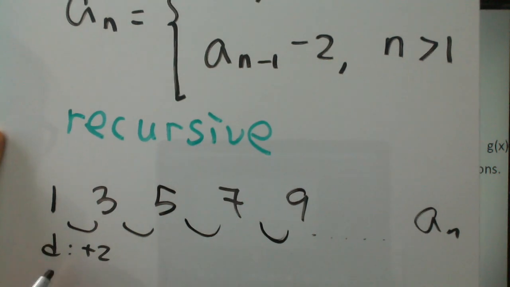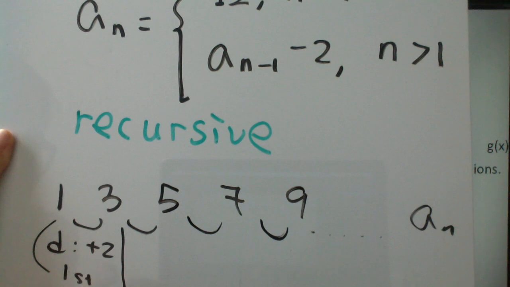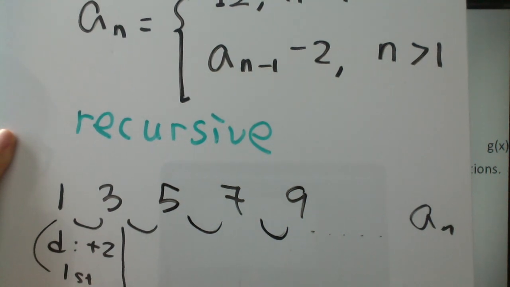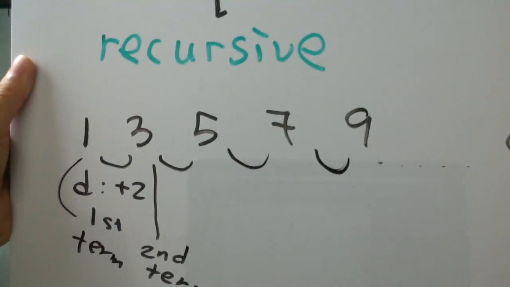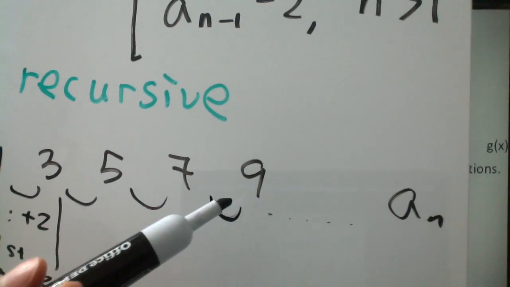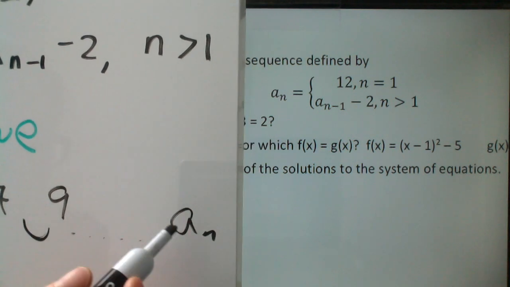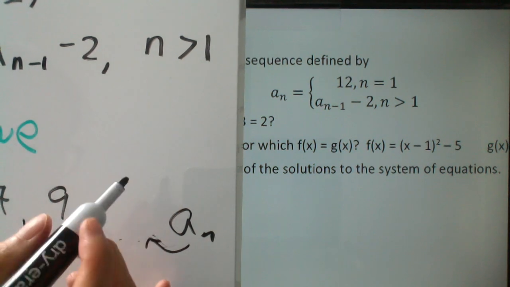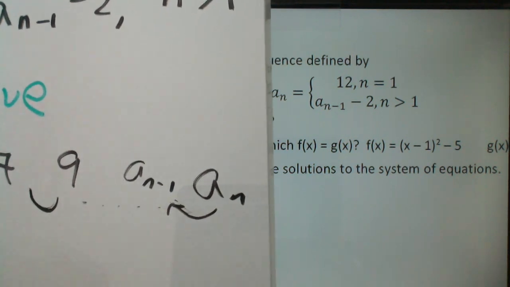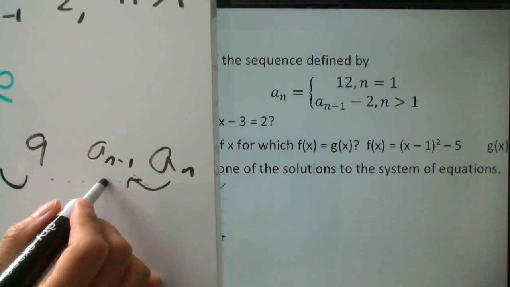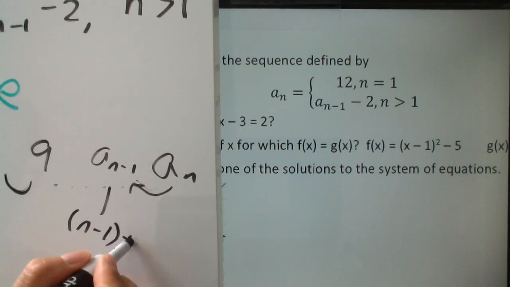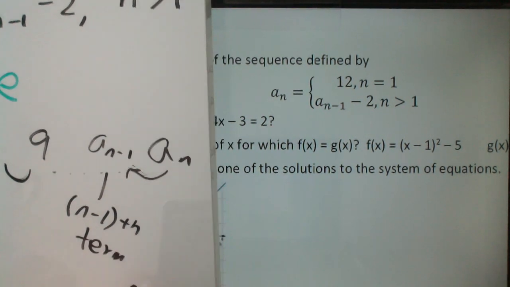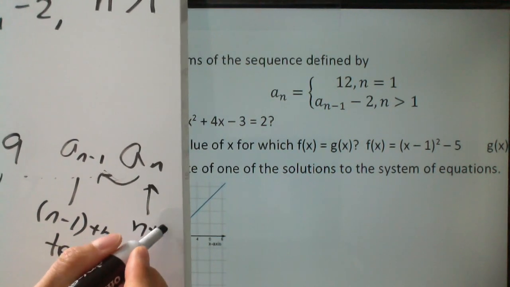Do you remember the term? First term, second term, third, fourth, fifth, and this is the nth term. Before the last one, the second to last is an minus 1. This is the n minus 1 term. This is the nth term.